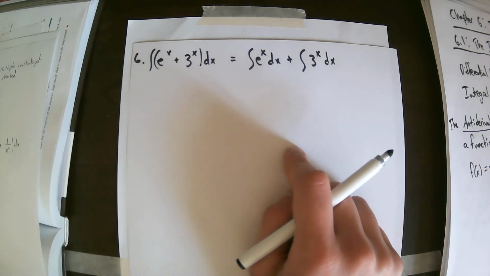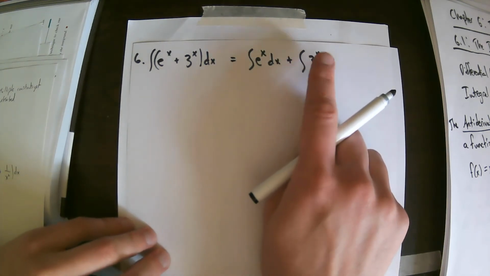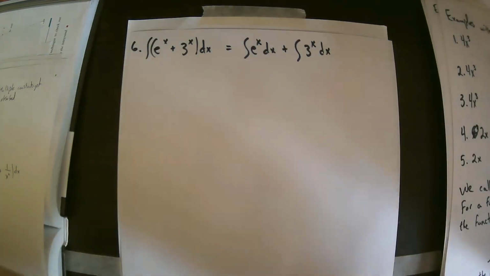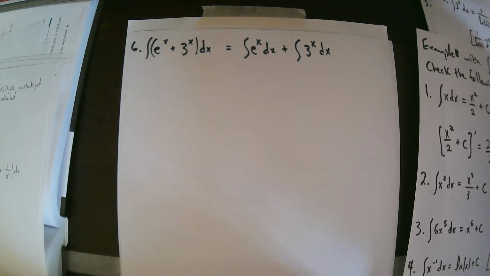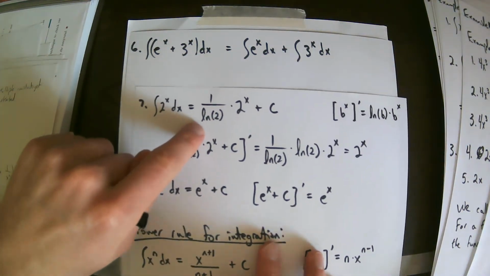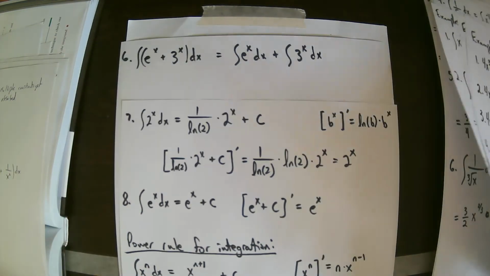Wait a second. Well, we didn't actually officially define the integral for an exponential, but we did one earlier, so we can work off of that. Where was it? There it is. The integral of 2 to the x dx is equal to 1 over ln of the base times the original.